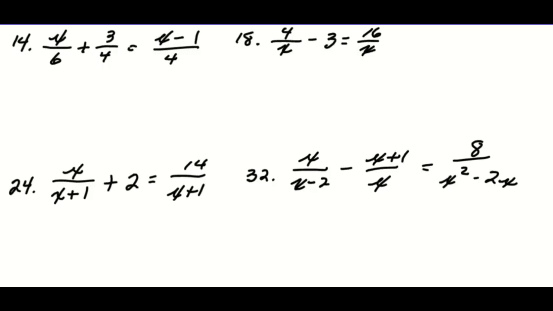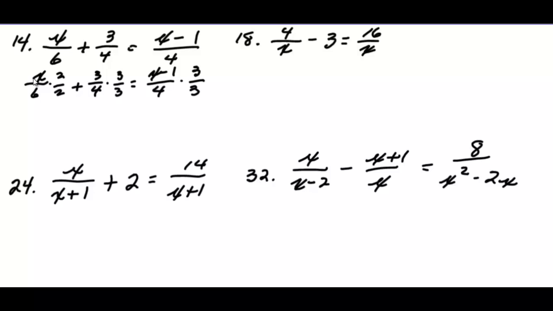But the first is number 14, and if you look at it, the common denominator for 6, 4, and 4 happens to be 12, because 6 will divide into 12, 4 will divide into 12. So what we have to do is take x over 6 times 2 over 2 plus 3 over 4 times 3 over 3 equals x minus 1 over 4 times 3 over 3.